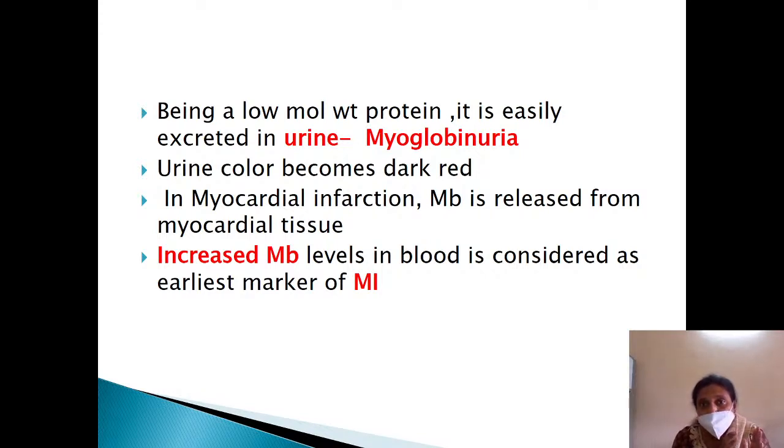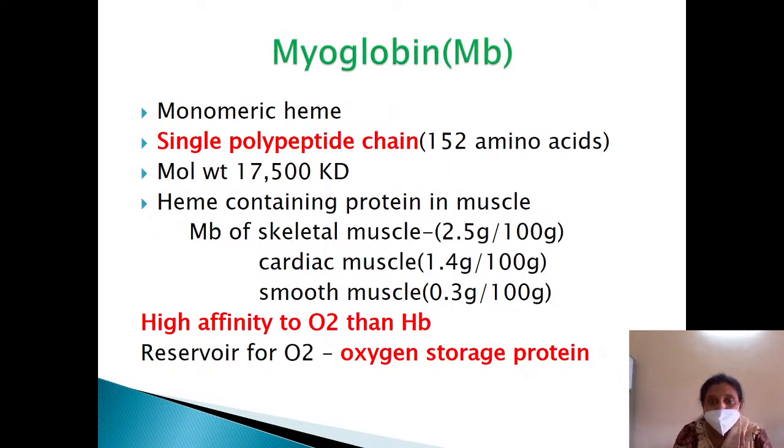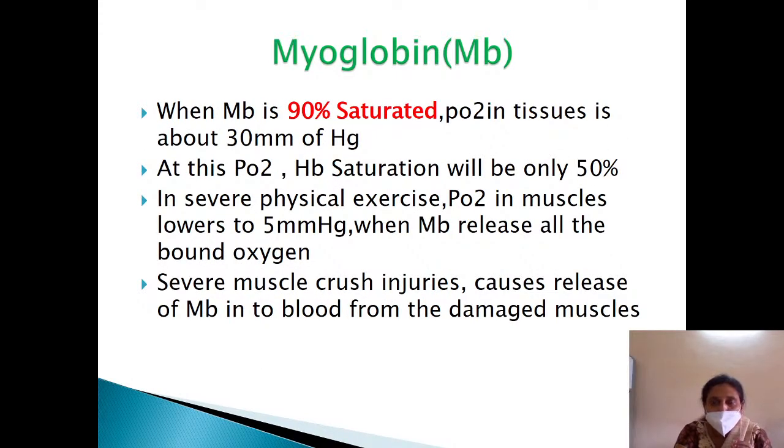So what you have to know about this myoglobin: it has more affinity to oxygen than hemoglobin. It's a monomeric protein having only one polypeptide chain, especially present in skeletal, cardiac and smooth muscles. It acts as oxygen storage protein. At 30 mm of Hg PO2, hemoglobin is 50% saturated, whereas myoglobin is 90%.